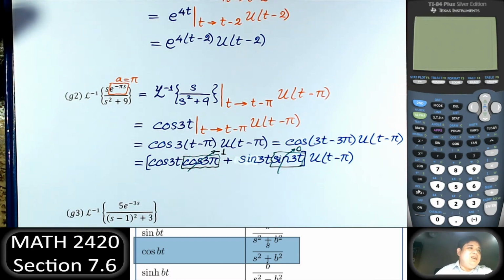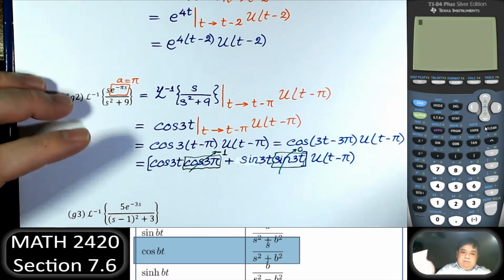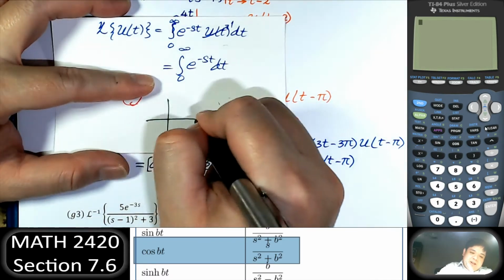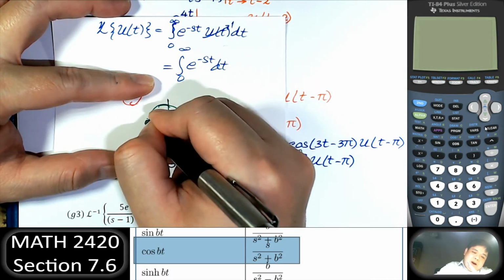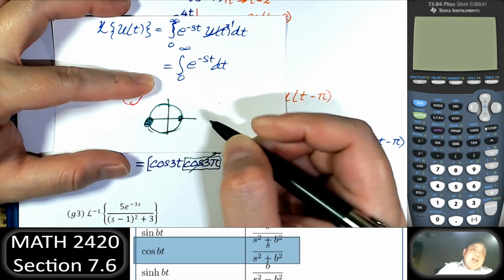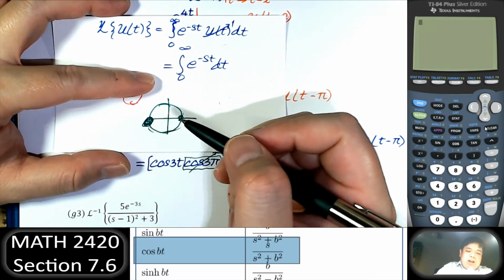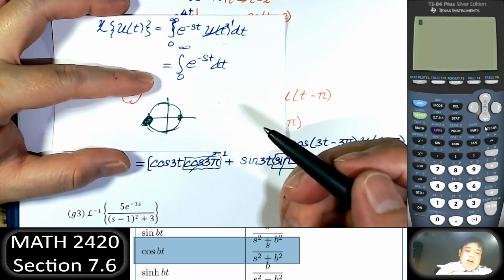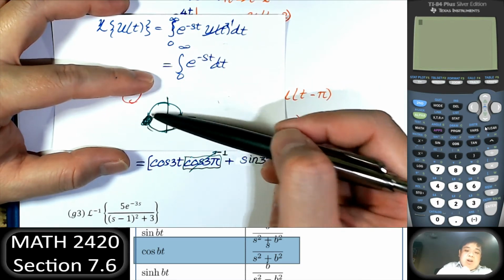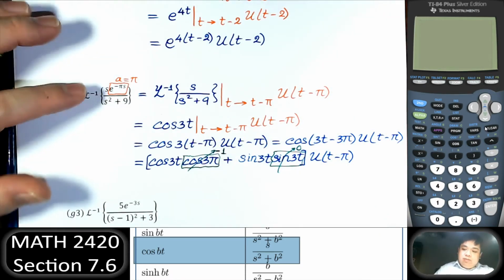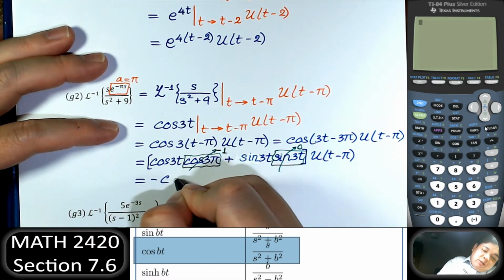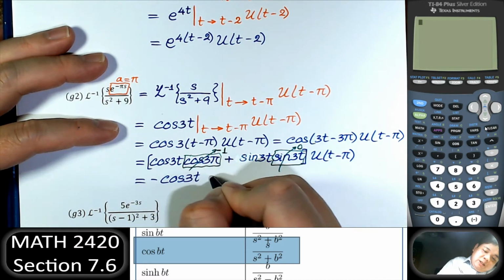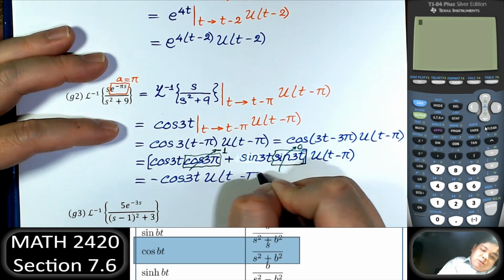Zero, 1 pi, 2 pi, 3 pi. So cosine 3 pi here, cosine the x value is -1, sine the y value is 0. That gives us negative cosine of 3t u t minus pi.